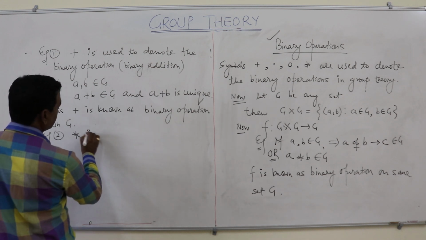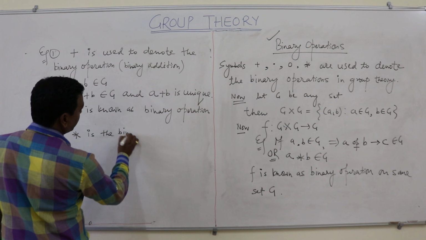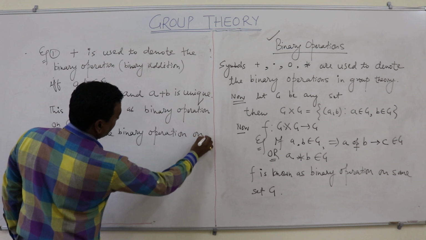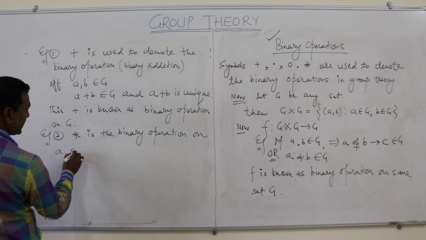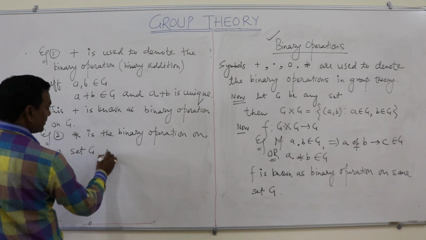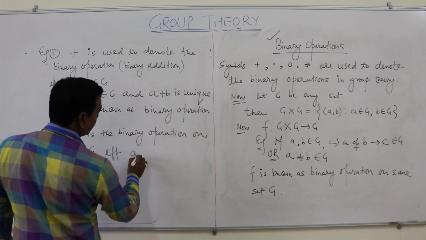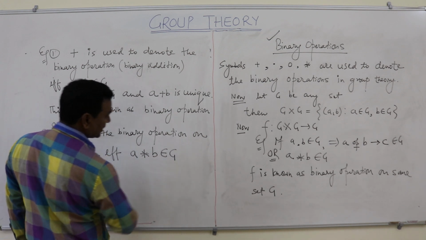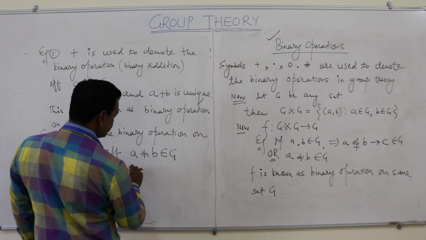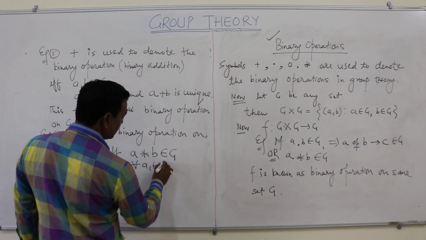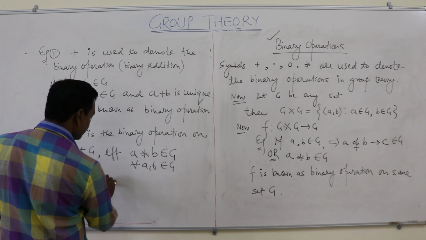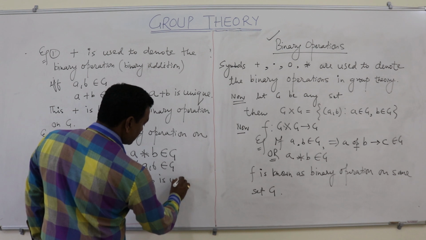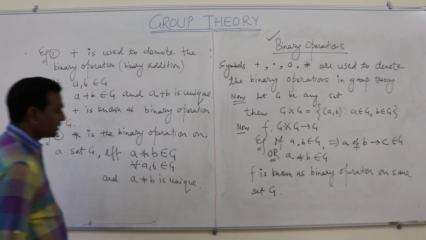This is the binary operation on a set G if and only if A multiply B belongs to G for all A, B belonging to G, and A into B is unique.